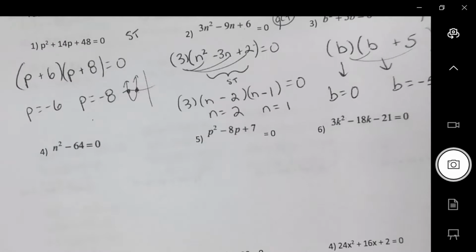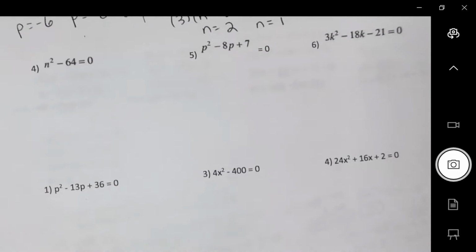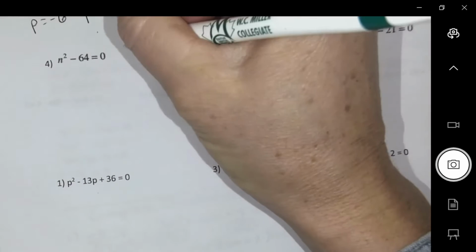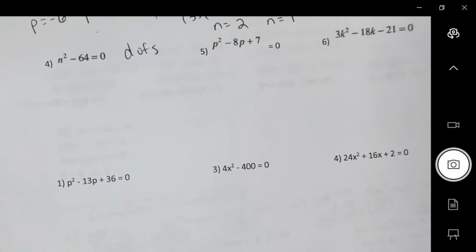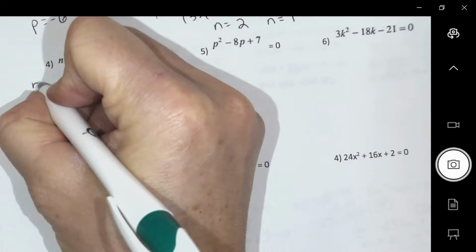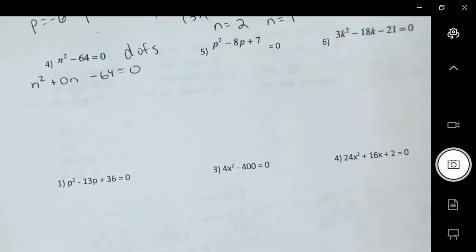Okay, number 4. So we have our styles. So I'm saying you have to recognize which style it is. So this one was the difference of squares style. Okay, I think I taught you yesterday that if you really wanted to think about it as a trinomial, you can. It just doesn't have a middle term, so a 0 in the middle.